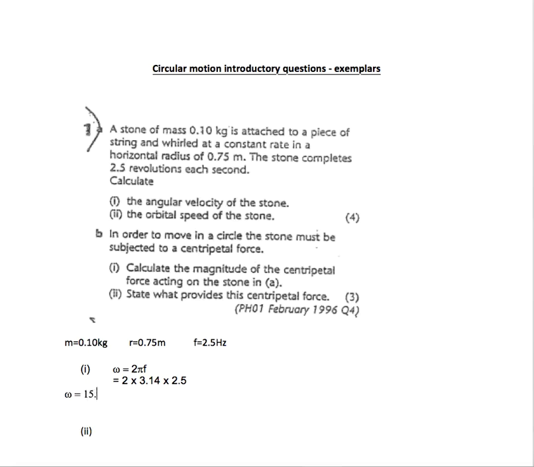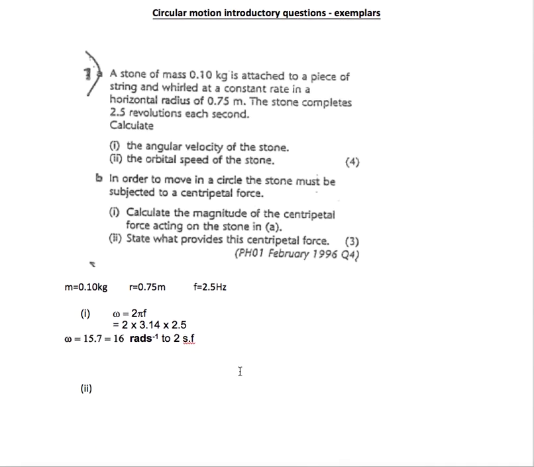Sorry, 16 radians per second, to 2 sig figs. So just want to make that bold. If I could do that without hiding everything, but I can't. Never mind. We'll just do it then. So 16 radians per second.